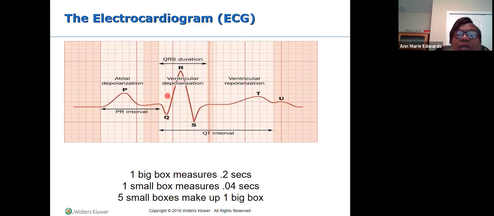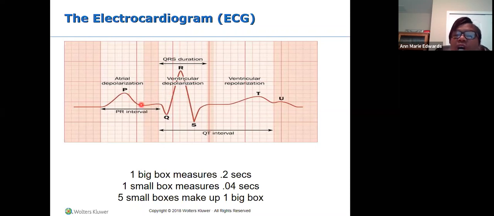So look at your QRS. And then the T wave is ventricular repolarization. So the ventricle contracts and then it goes to rest. The atria contracts and it rests also, but we're not seeing atrial resting or atrial repolarization on this ECG.